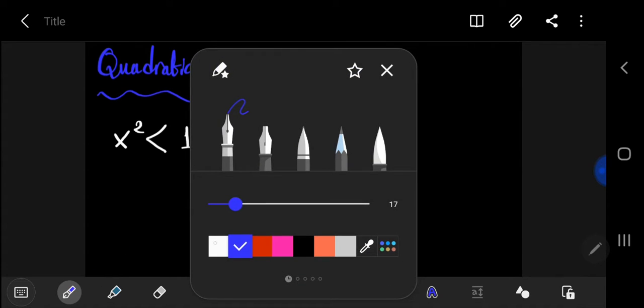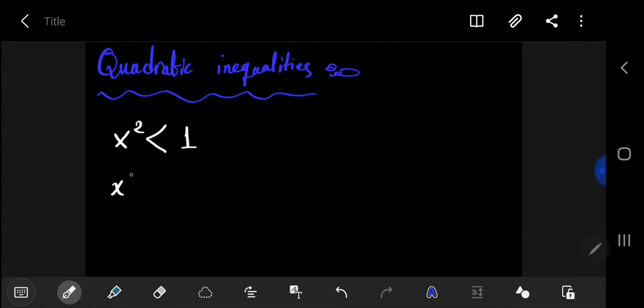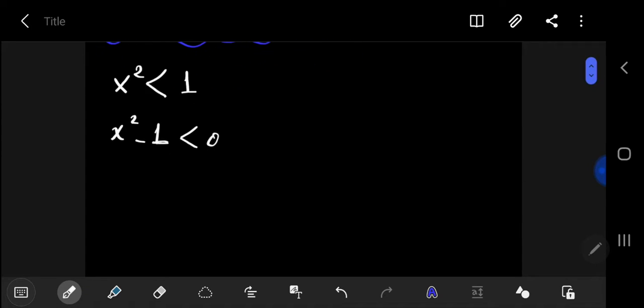Now x squared minus 1, the sign of 1 changes from plus to minus, smaller than 0. Now I will solve it by trial and error. x squared minus 1 smaller than 0 gives (x minus 1)(x plus 1).